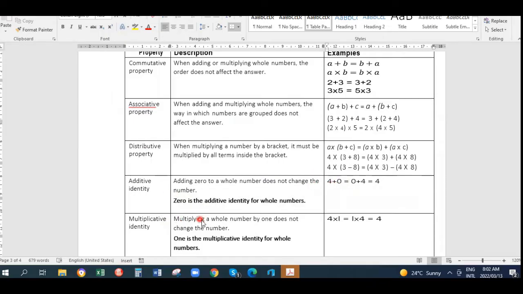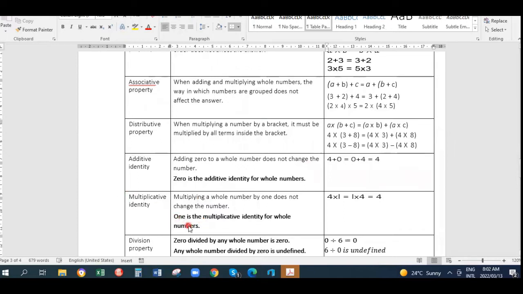Now, if you look at multiplicative identity, 1 is the multiplicative identity for the whole numbers. 1 does not change the whole number. So 4 times 1 is the same thing as 1 times 4.